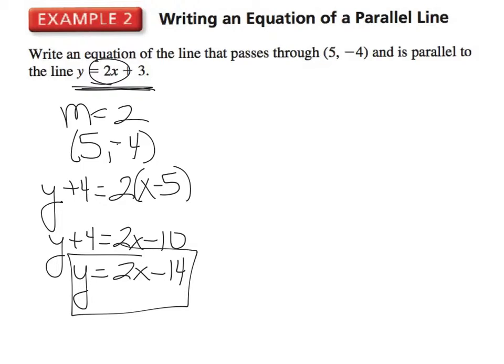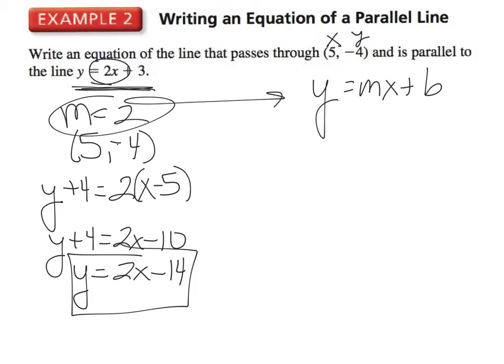So let's use it a different way. Now notice what I did here. I used point-slope form. I can also use slope-intercept form. I could plug in (5, -4) as x and y, and m is the slope.